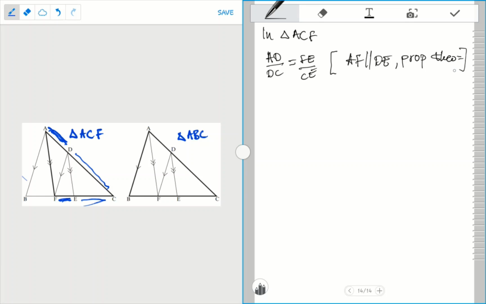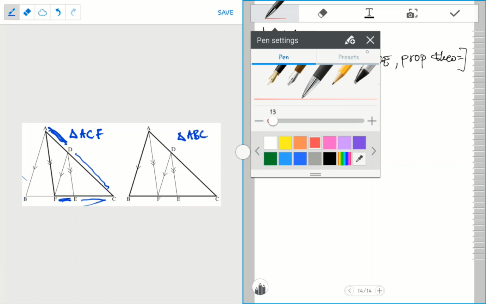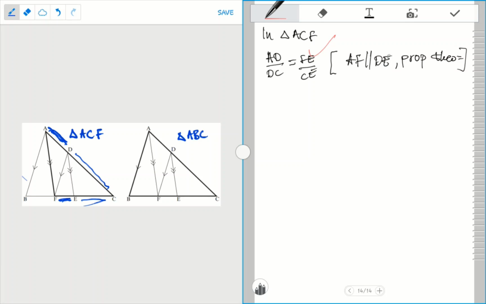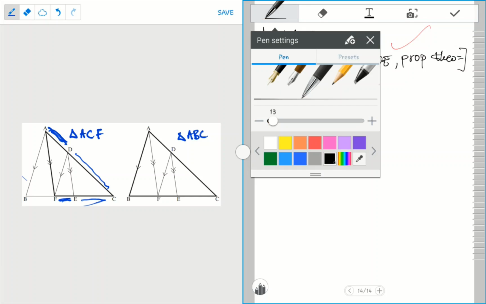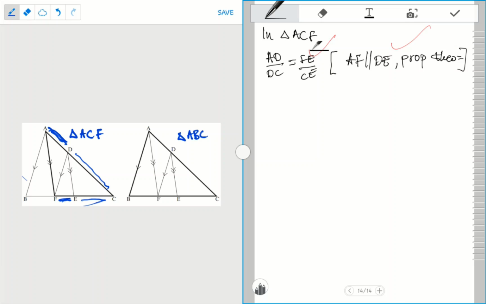We can continue. So basically now you only have 2 marks. It contains a lot of marks, so you can say the proportional intercept theorem. We are done with this one.